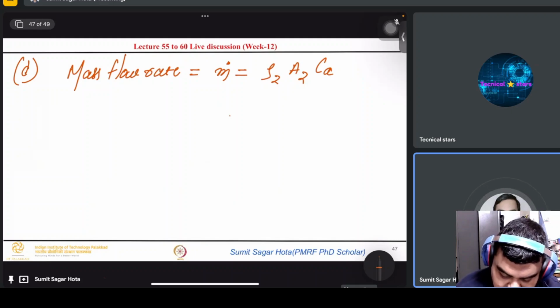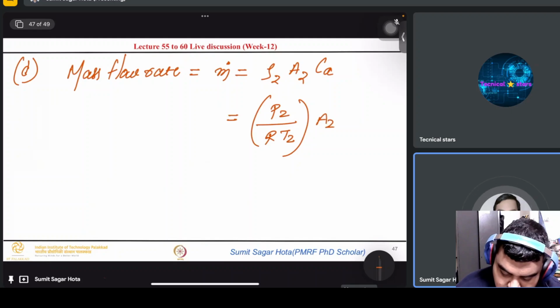Apply the ideal gas equation: P2 by RT2 into A2 into CA.